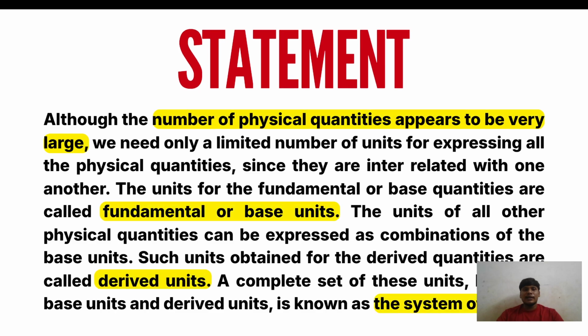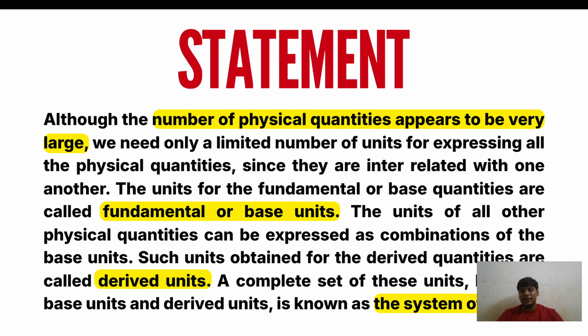Yes, as I said earlier, although the number of physical quantities appears to be very large, we need only a limited number of units for expressing all the physical quantities. Since they are interrelated to each other, the units of the fundamental or base quantities are called fundamental or base units. The units of all the other physical quantities can be expressed as combinations of base units, such units obtained for the derived quantities are called derived units.